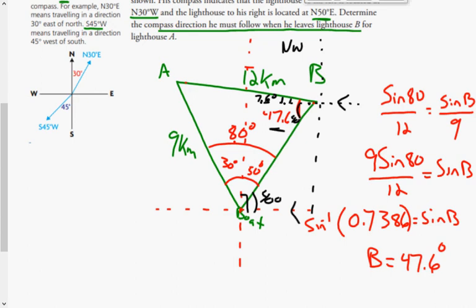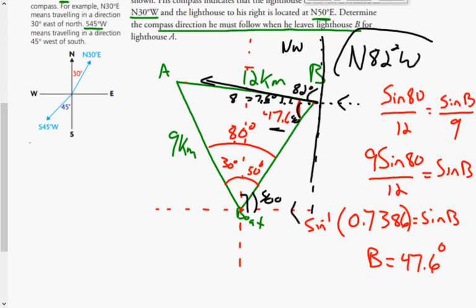All right, so that means I'm going to round that just to 8, just so it's easier. So that means he's going to travel from here to there. If this is 8, this has to be 82 degrees. So he travels north 82 degrees west.